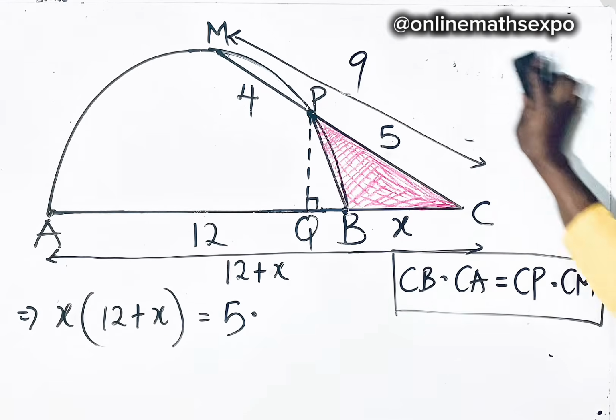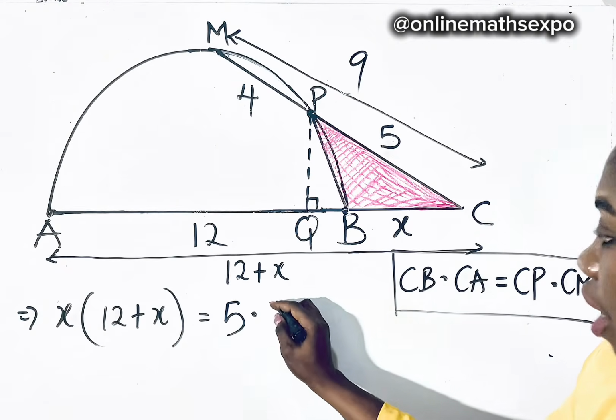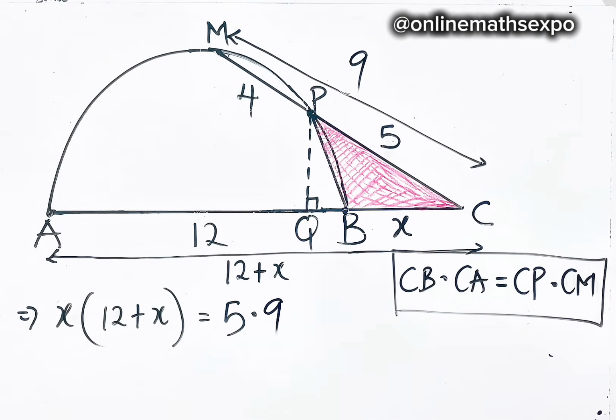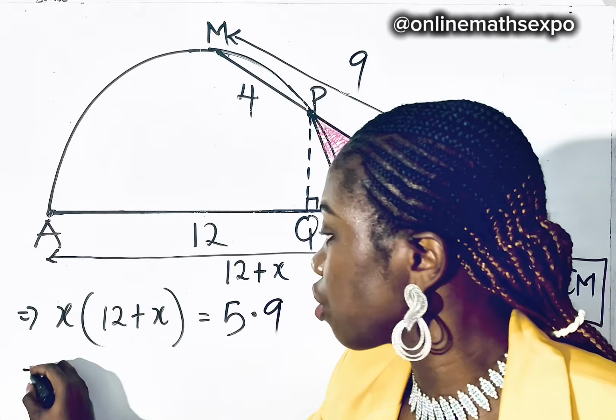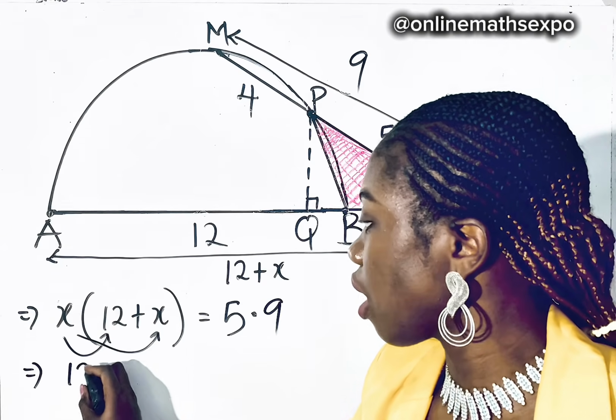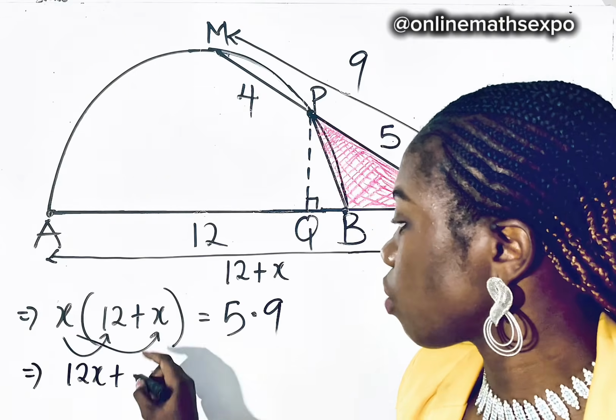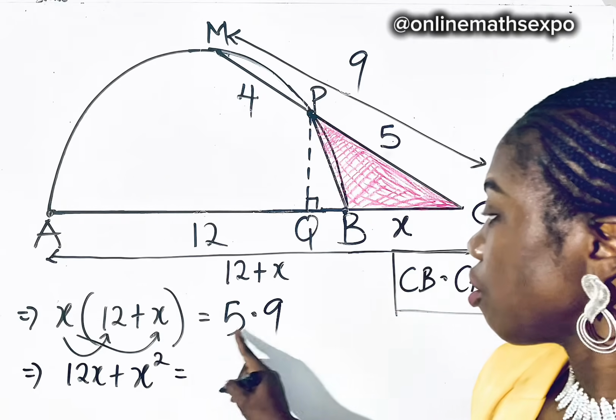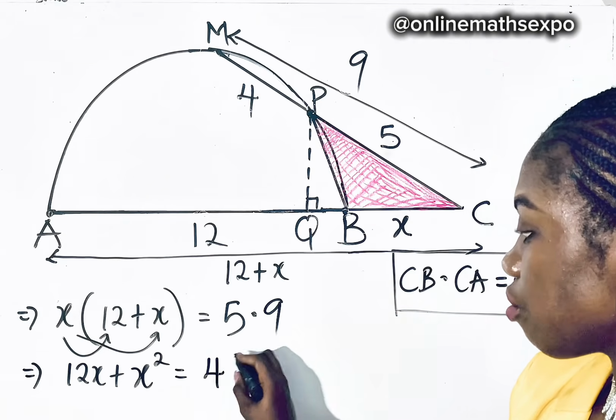Let's adjust this. So we have 5 multiplied by 9. Now, what should we do? Distribute. Multiply this, you have 12x, and multiply this, you have x squared. 5 times 9 gives us 45.